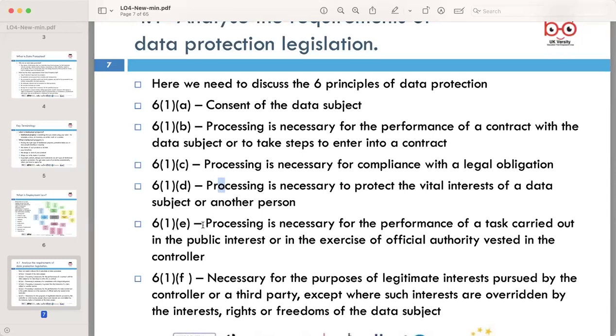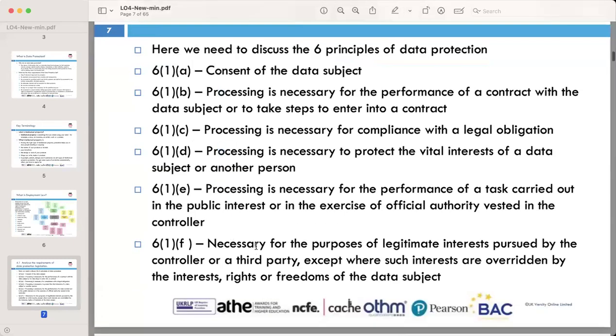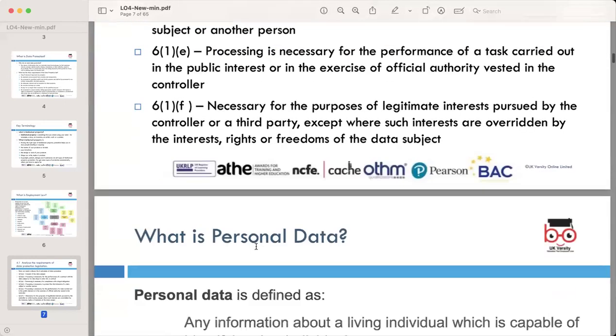Then processing is necessary for the performance of a task carried out in the public interest or in the exercise of official authority vested in the controller. Then legitimate interest, necessary for the purpose of legitimate interest pursued by a controller or a third party, except when overridden by the interest, rights, or freedom of the data subject.